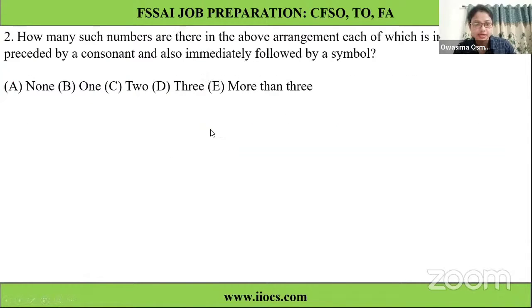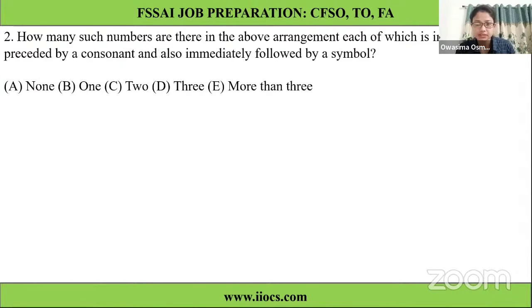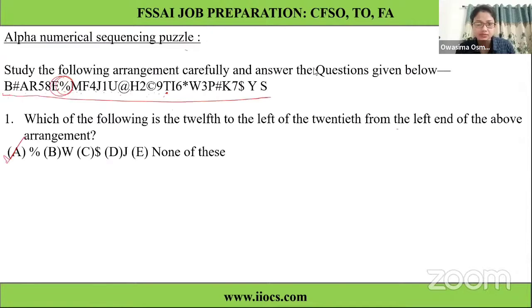The question says: how many such numbers are there in the above arrangements, each of which is immediately preceded by a consonant and also immediately followed by a symbol. Immediately preceded by a consonant and followed by a symbol.